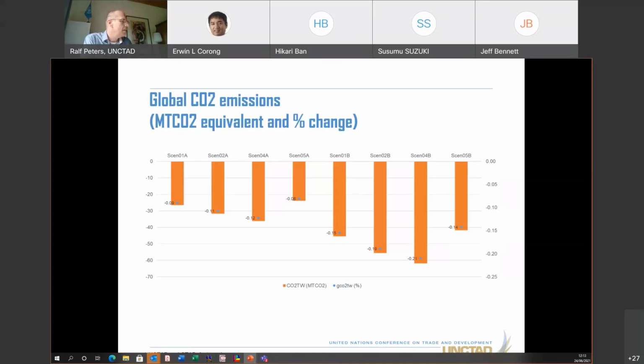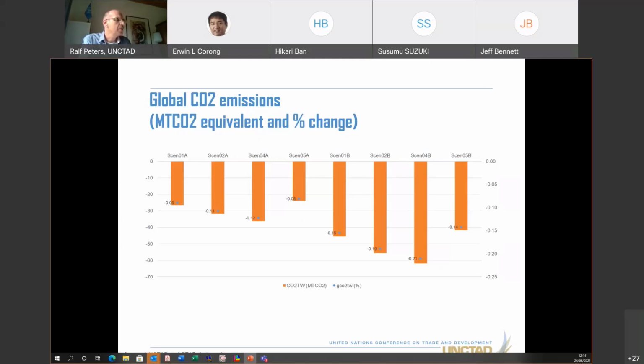So in scenario 1 that you see here, it's 26 metric tons, which corresponds to roughly 0.1% of global emissions. So the additional effect on CO2 reductions is relatively small. No surprise here in the scenario called scenario 05, with the free allowance, the emission reduction is smaller, but not much smaller than in the first scenario.